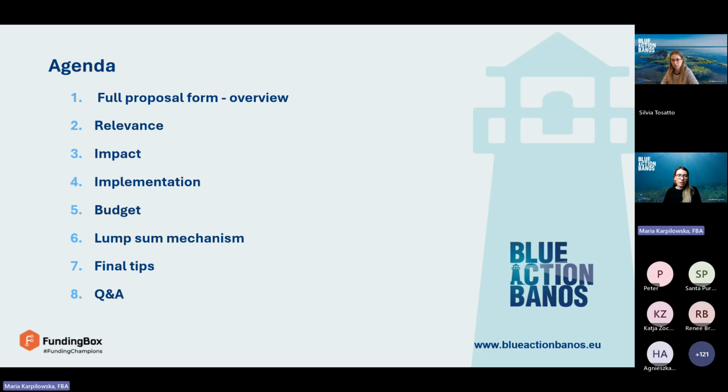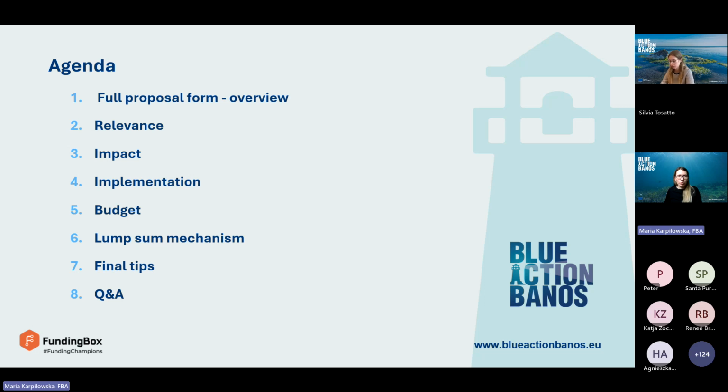I will also explain what the lump sum mechanism means, because this is the payment mechanism that we will use in BlueActionBANOS support programs. Then I would like to give you some final tips. And this part of the presentation, I'll try to make it short to leave a bit more time for any questions you may have in the second part of our meeting today.